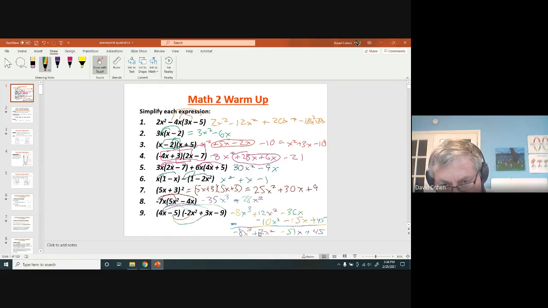This has 4 terms: a cubic, a quadratic or square term, a single x term, and our constant 45. Now's a good time to pause, or if you need to hear the verbal, just use rewind. I'm going to move on.